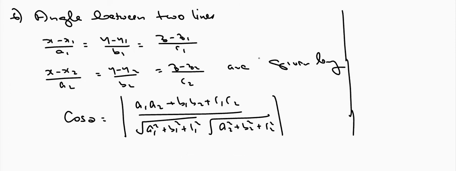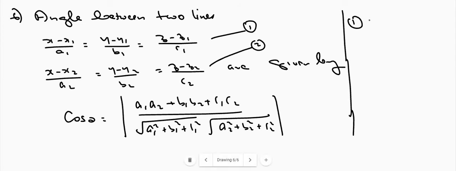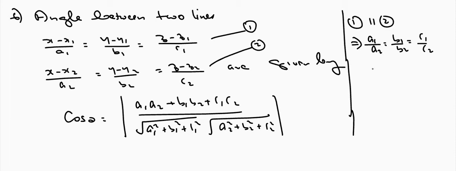Let these two lines be equation numbers 1 and 2. If 1 is parallel to 2, that implies the lines are parallel, then the DRs are proportional, that is a1 by a2 equals b1 by b2 equals c1 by c2. And if 1 is perpendicular to 2, that implies a1 a2 plus b1 b2 plus c1 c2 equals 0.